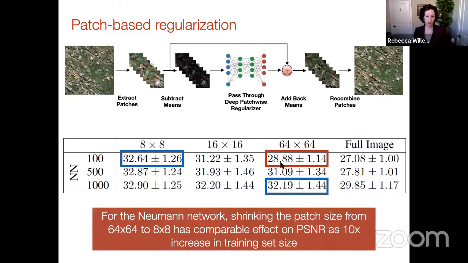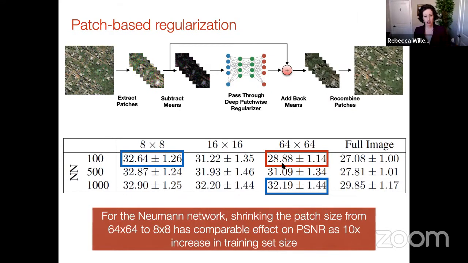Now, if I wanted to improve that, there are 2 different things that I could do that work about equally well. One is I could just increase the number of training samples by an order of magnitude. This could be a pretty expensive proposition and pretty difficult to implement in practice.